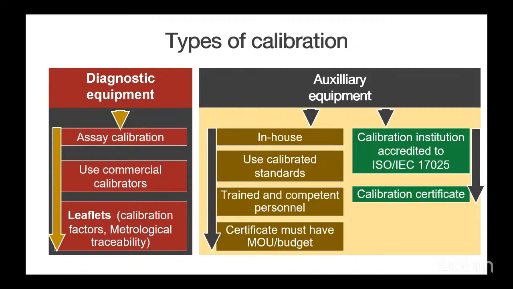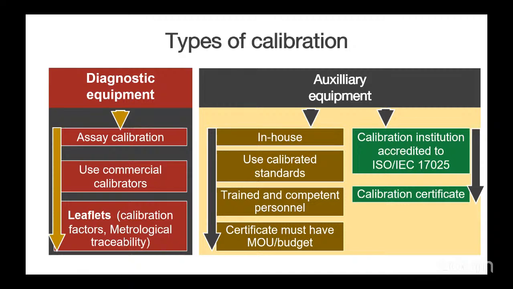Let's say, for example, in Nigeria now, we have an MLSCN calibration lab, or an engineer who knows, let's say, calibration of pipettes. There are some calibrations of auxiliary equipment that you can do in-house. There are some that you need someone, either a certified biomedical engineer or an institution that is accredited to ISO 17025, to help you do that calibration. Then there should be a calibration certificate.